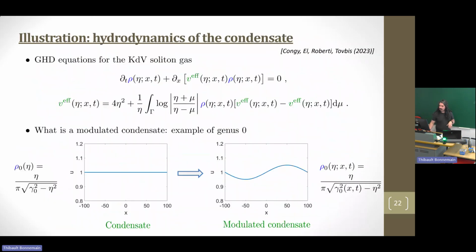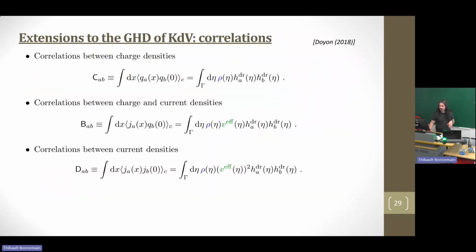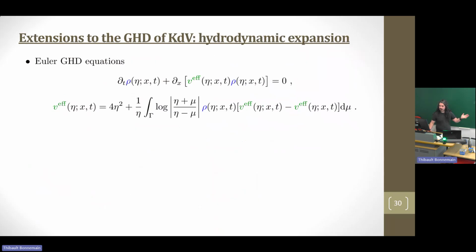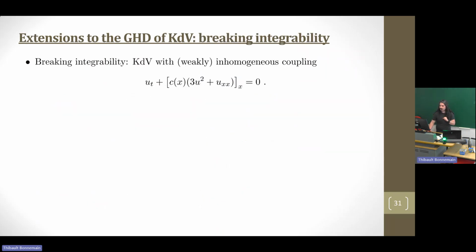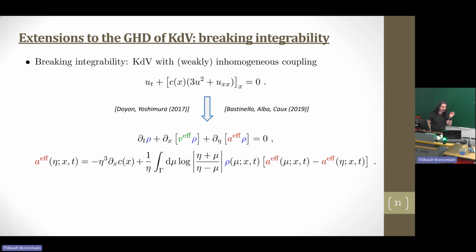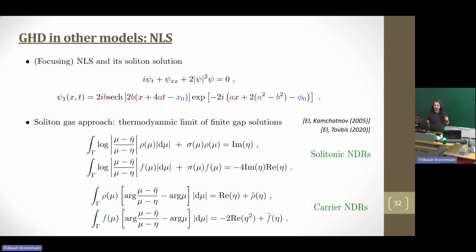We can have more information with GHD. We can have more correlations. We can add some diffusion or dispersion to the GHD equation. We can add some forces, effective acceleration, stuff like that. But also there are some other interesting models to study. So there's focusing NLS.